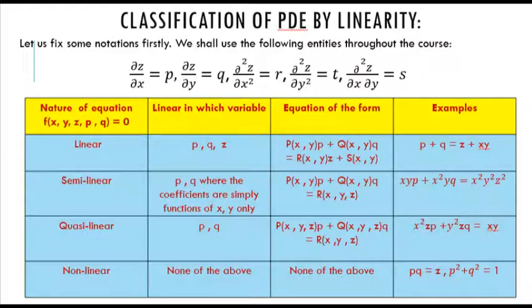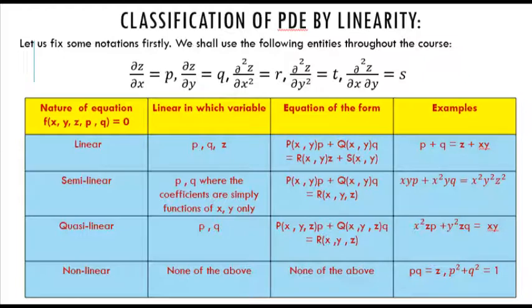And what is quasi-linear? Quasi-linear means the equation is linear only in p and q, and the equation will be of the form P(x,y,z)·p + Q(x,y,z)·q = R(x,y,z). Initially, P and Q were functions of x and y only, but in the case of quasi-linear, P, Q and R are each functions of x, y and z simultaneously.